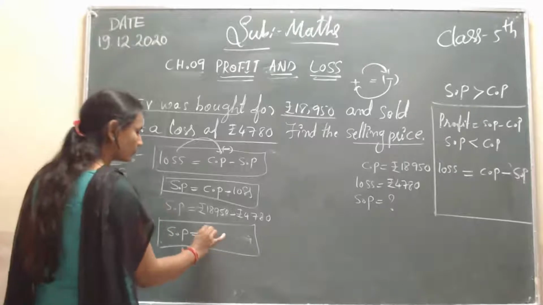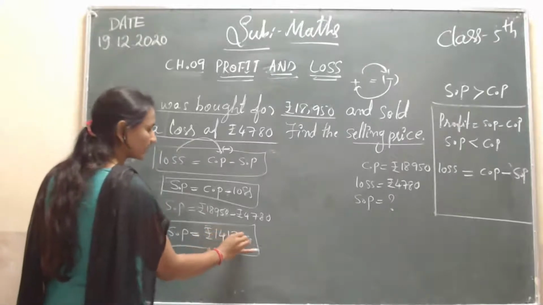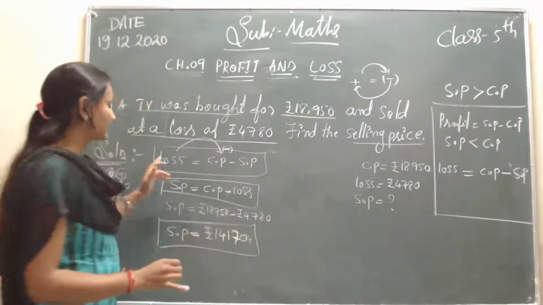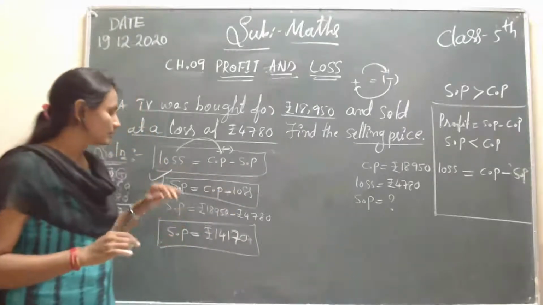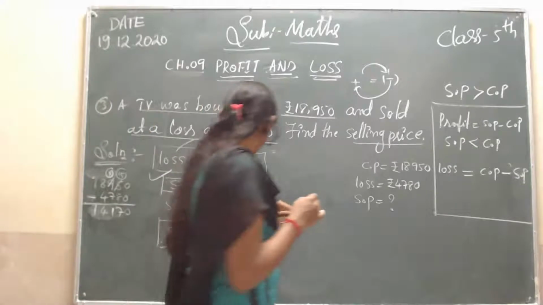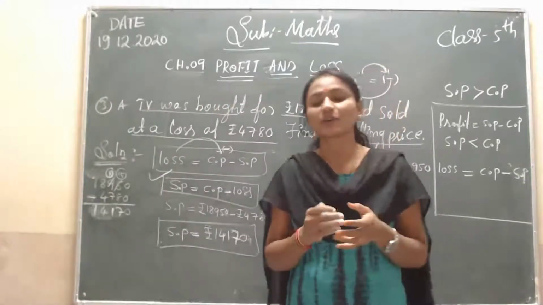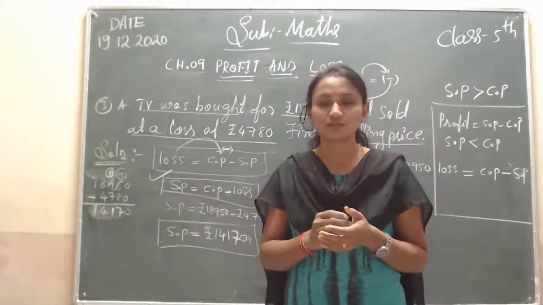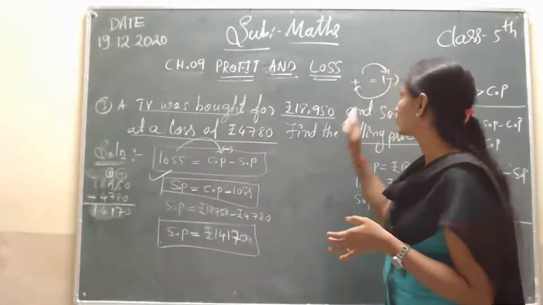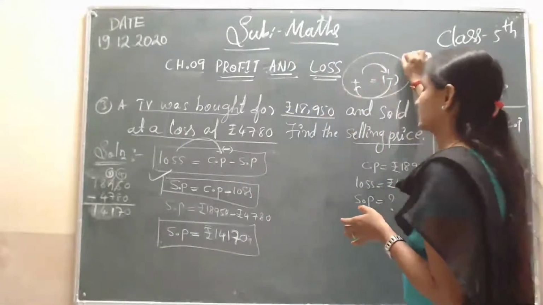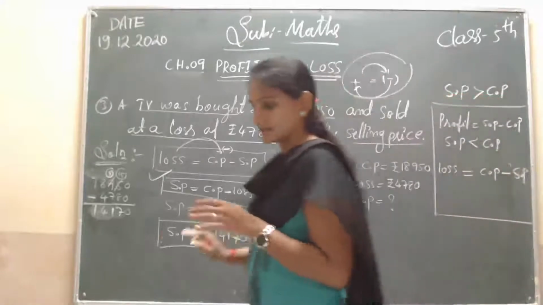The value is 14,750. So SP is equal to CP minus loss, because the loss is equal to CP minus SP, and when you move it over the sign is changed. That is the rule I already told you.